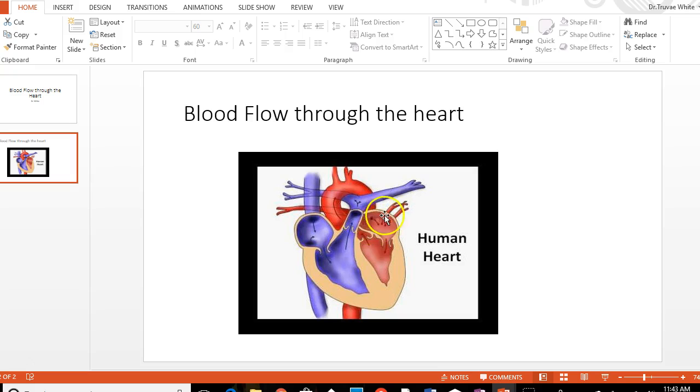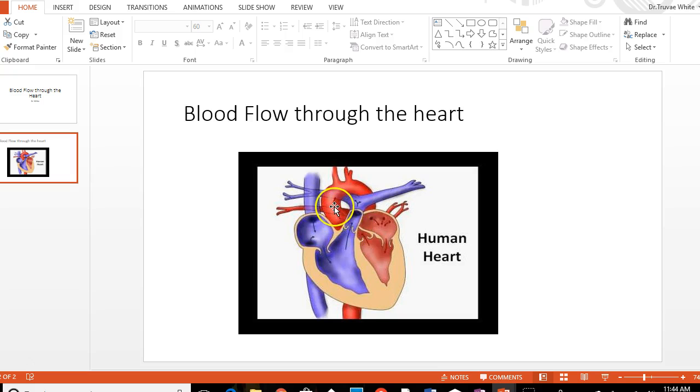Then we have our left atria, our bicuspid, aka mitral, aka atrioventricular valve. We have our left ventricle. Then we have our aortic valve here, aka semilunar valve.